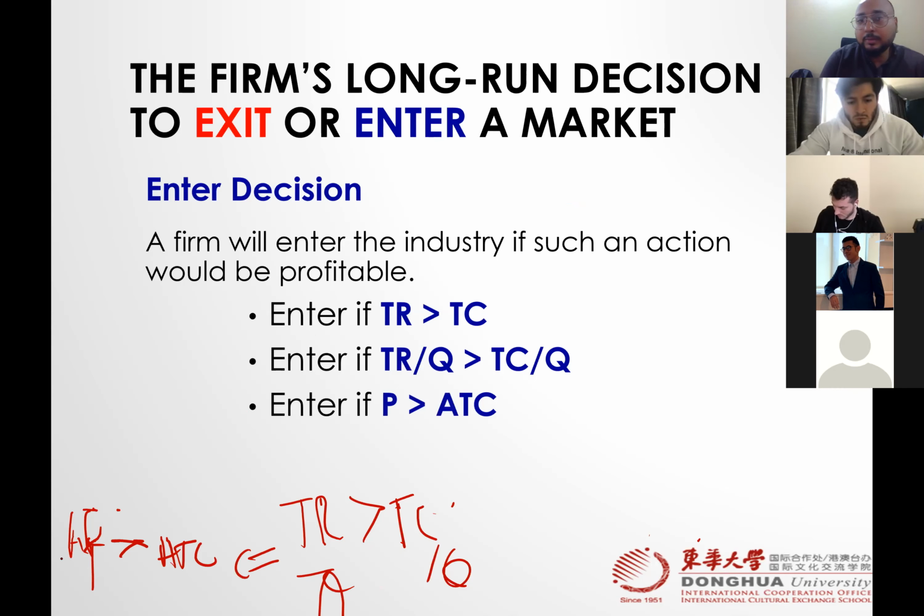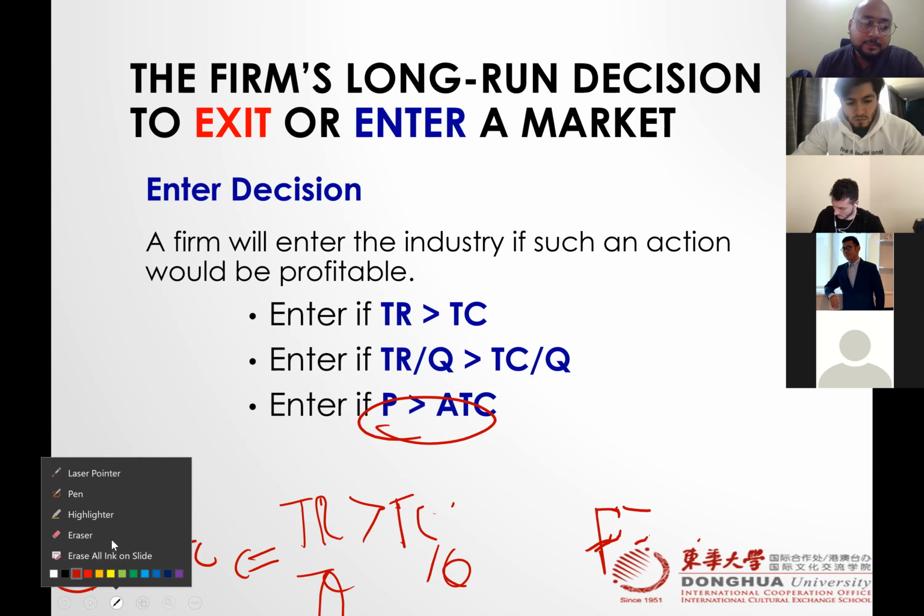Since we are talking about the competitive market, we can replace AR with P. P greater than average total cost, right?